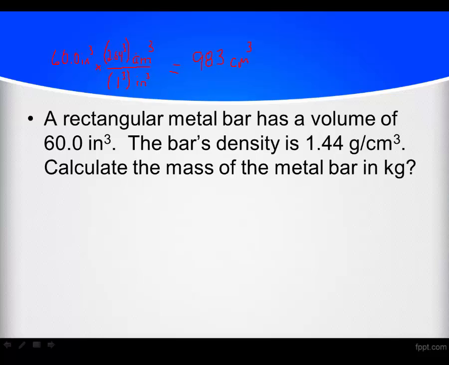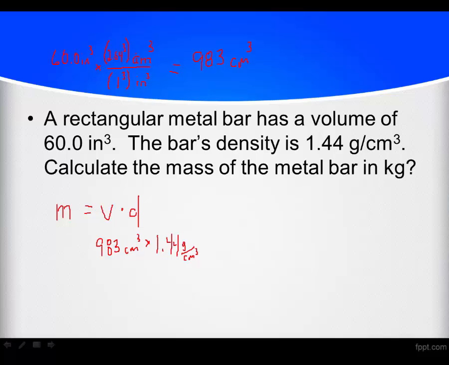If we're going to calculate the mass, did we just calculate mass in the last one? It's volume times density. So I should be able to take the volume of it, which is 983 centimeters cubed, multiply it by the density, which is 1.44 grams per centimeter cubed.